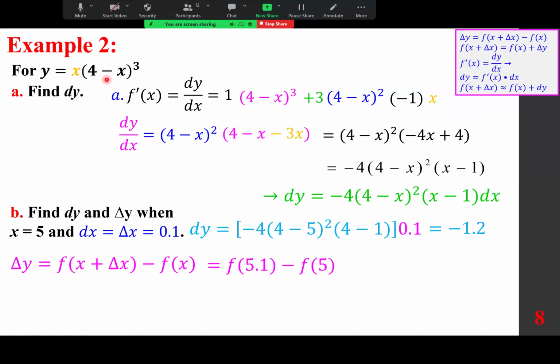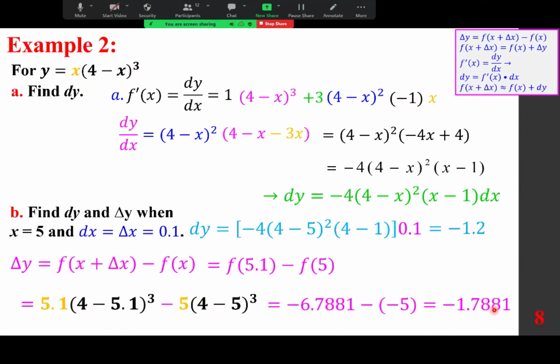So 5.1 times 4 minus 5.1 cubed, and then minus f of 5, which means we're going to put 5 times 4 minus 5 quantity cubed. And this one, you have to subtract 5.1 from 4, okay, negative 1.1, raise it to the power of 3 times 5.1. Do the same thing here. This is negative 1 cubed times 5. When you do the math, you end up with negative 1.7881.